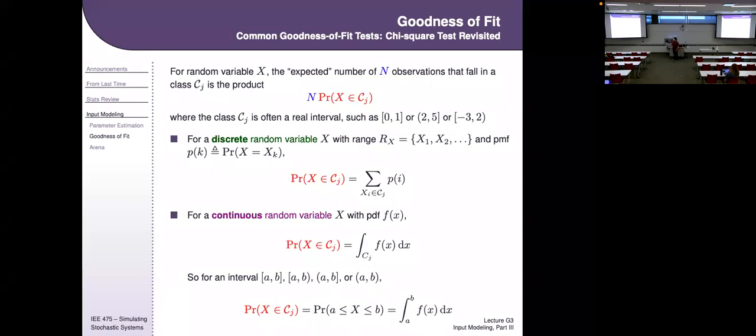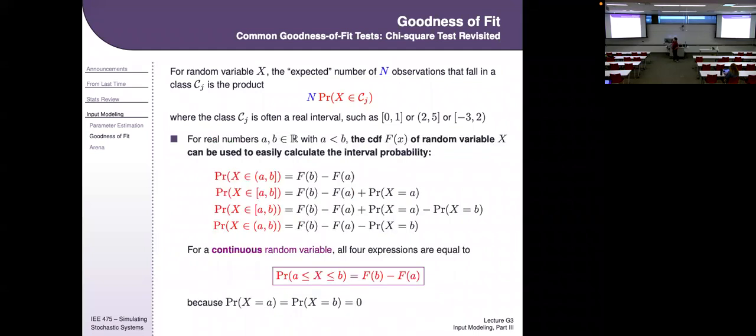If it's a continuous random variable, you have to integrate the density function from 0 to 0.5. But if I give you the CDF, it's just the CDF evaluated at B minus the CDF evaluated at A.